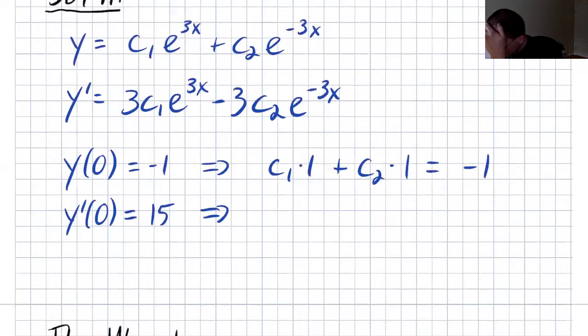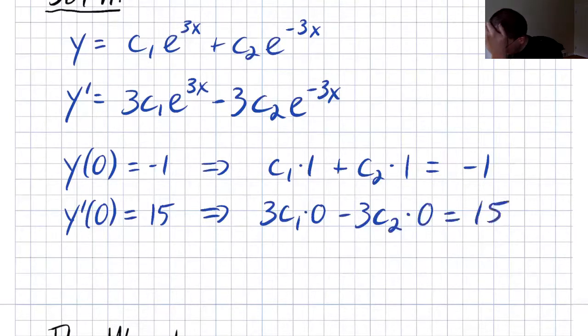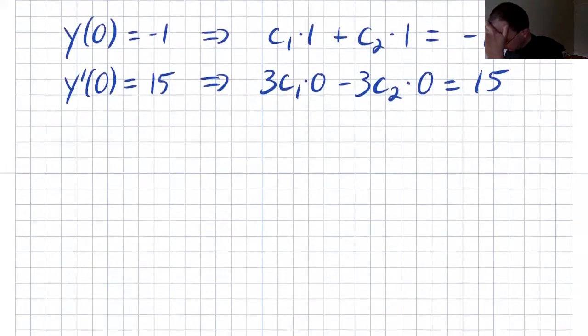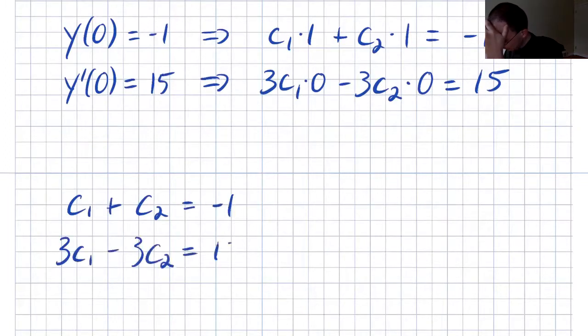Okay, so let's see. I have 3c1 times 1 minus 3c2 times 1, and that equals 15. Let's simplify this. Okay, I just added a page to my notebook here. So what do we get? We have c1 plus c2 is equal to negative 1, and 3c1 minus 3c2 equals 15.